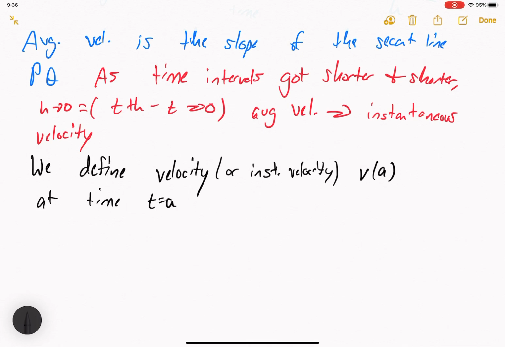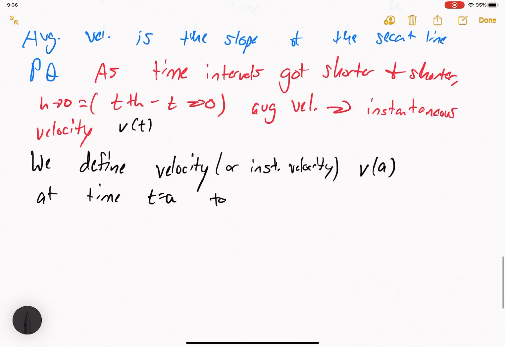Oh yeah, I should clarify, if you want to keep that definition, if you want to call our velocity a function v, then this would be v of a as well, or v of t. So then we define our velocity, v of a at time t equals a, to be like what we did before.